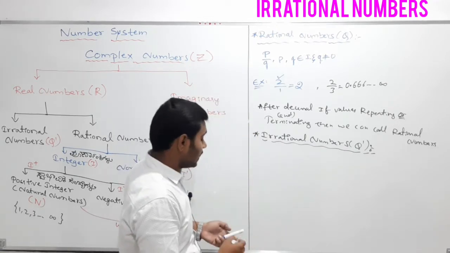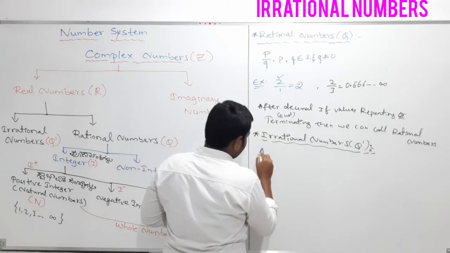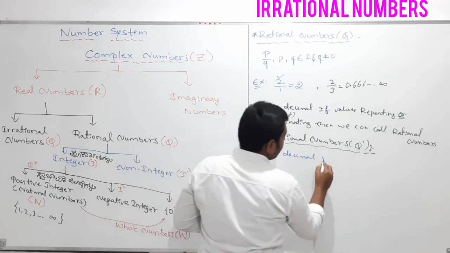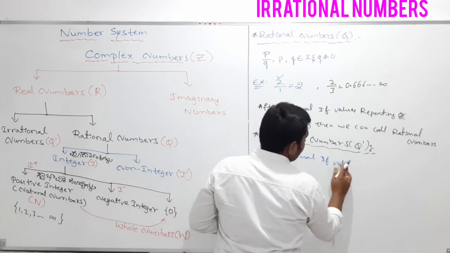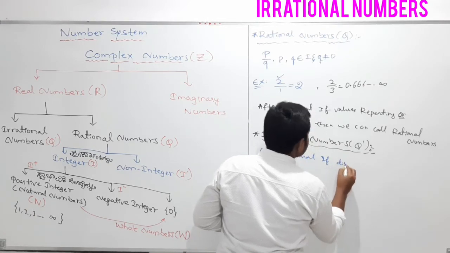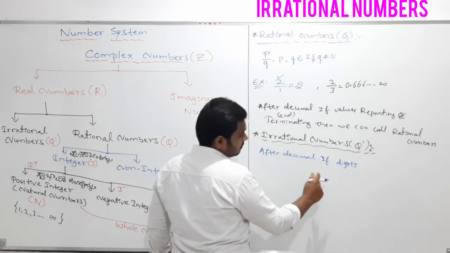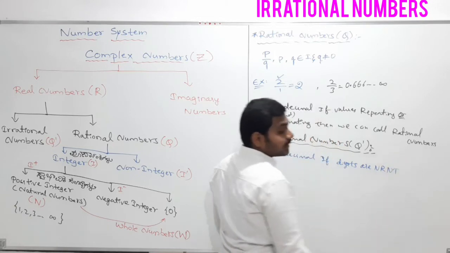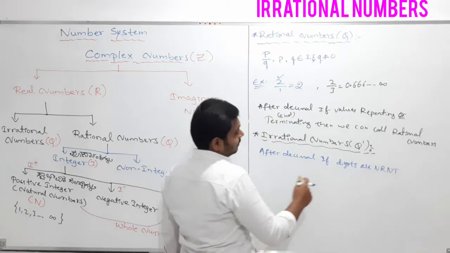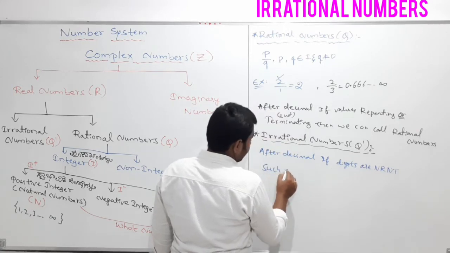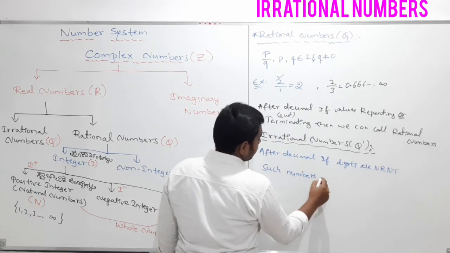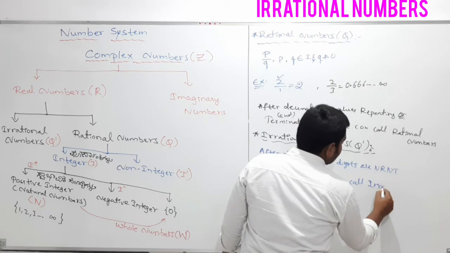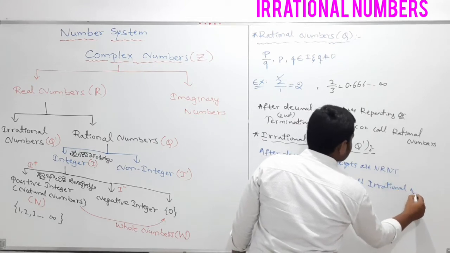And there is another definition. After the decimal, if the digits are not repeating and not terminating, such numbers we can call irrational numbers.